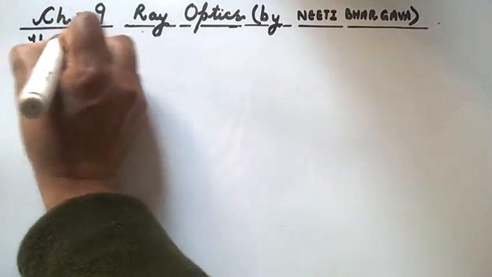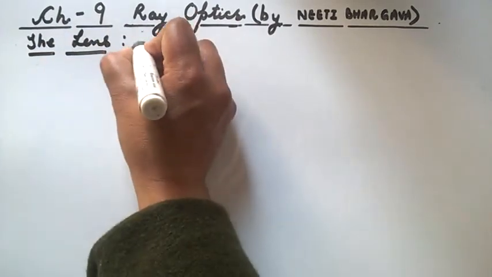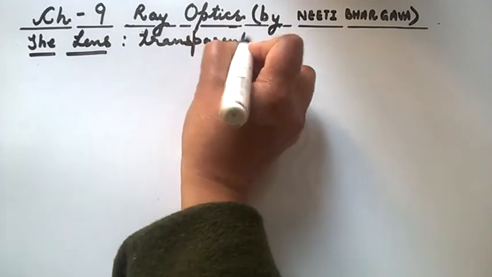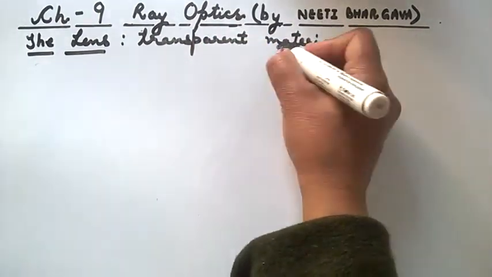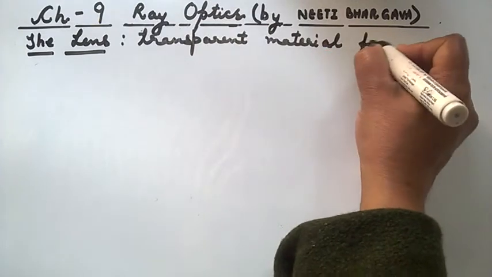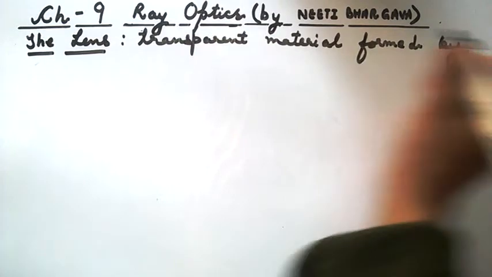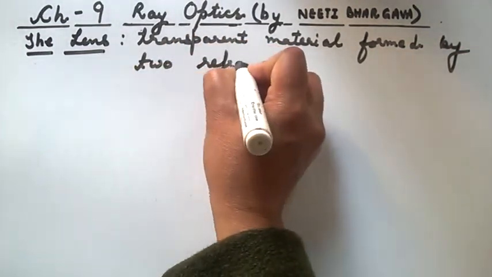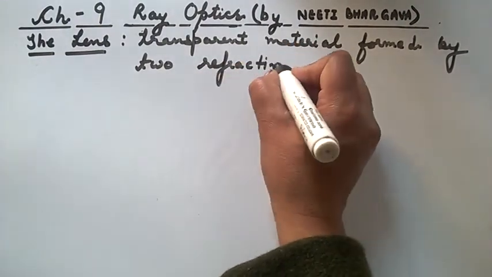Lenses are transparent material formed by two refracting surfaces. And out of these two refracting surfaces, at least one is curved.